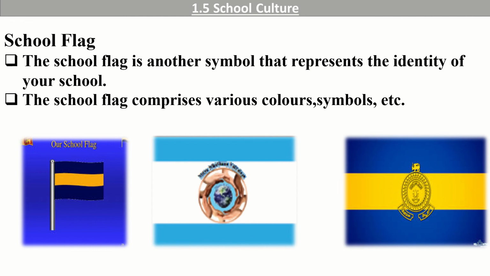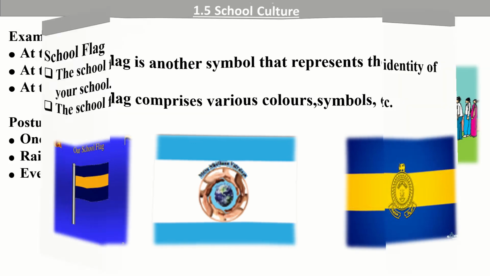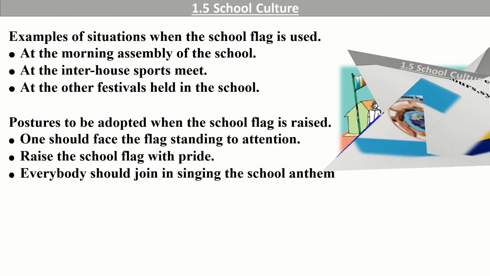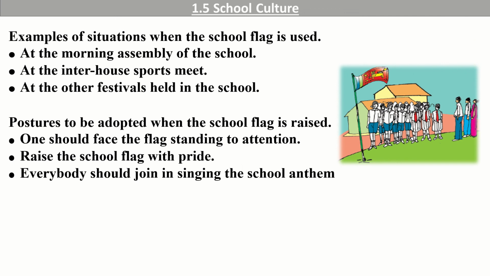The school flag is very important as an identity of your school. The school flag is used for various occasions. Let's see some examples of situations when the school flag is used.